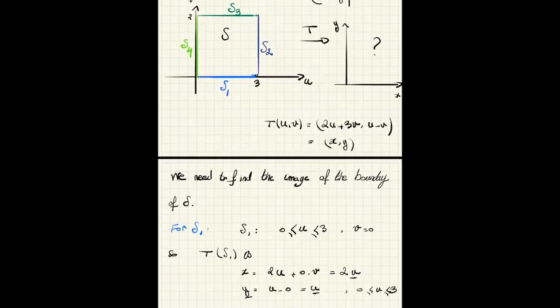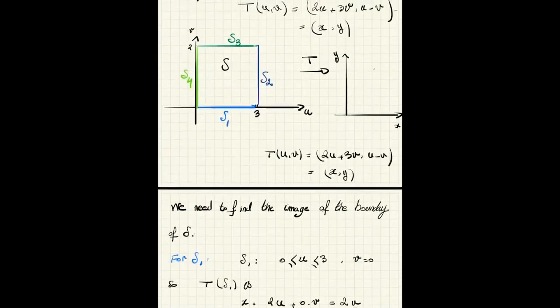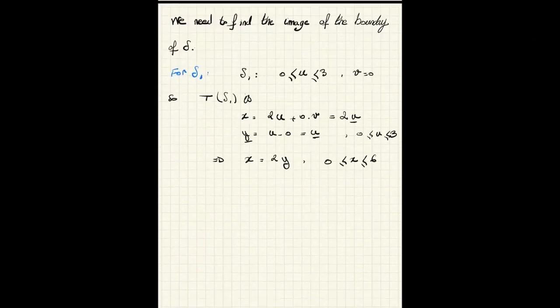So now I'm going to remove this, and then I'm going to use another color. This one is the line that is from 0 to 6, and it's something like that. So this is T of S1, and this will be 6, because X is between 0 and 6.